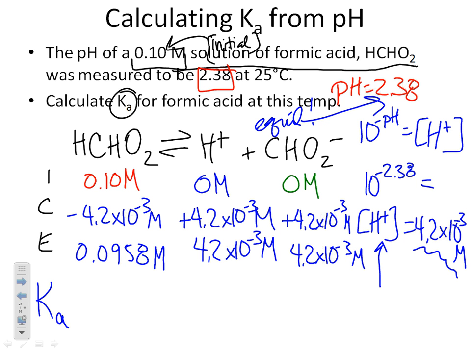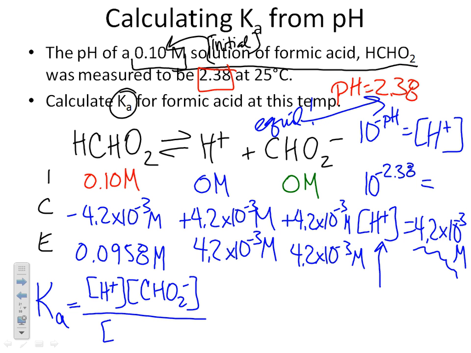So writing that K expression, Ka is products over reactants raised to their coefficients. So we're going to do H plus times CHO2 minus, these are all raised to the first because the coefficients are 1, divided by HCHO2, and then plugging in from the equilibrium concentrations in the ICE chart. So we're going to do 4.2 times 10 to the minus third, and I'm just going to write that out as squaring it because it's this times this.